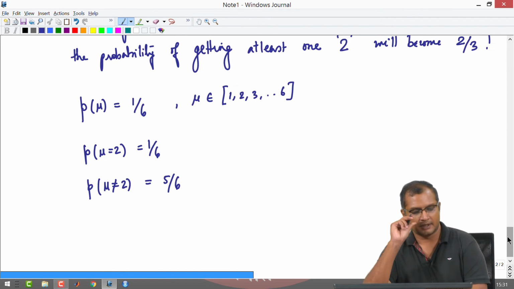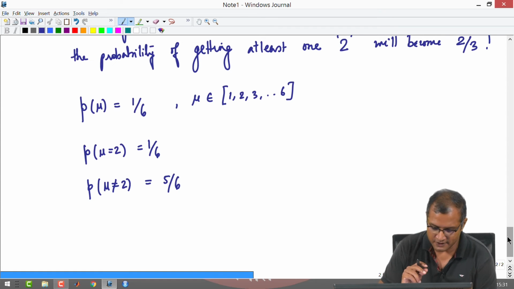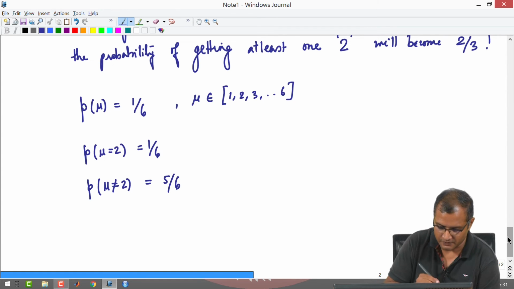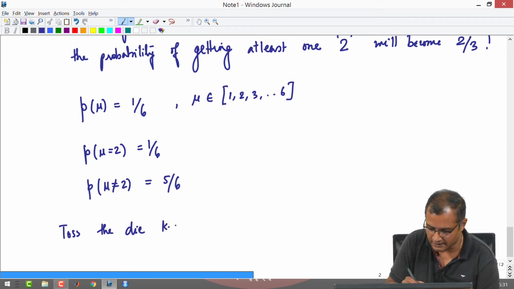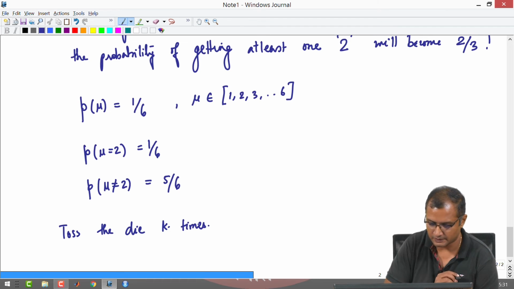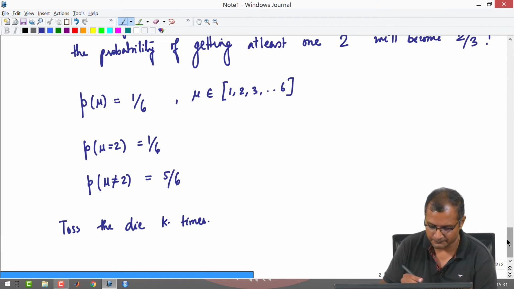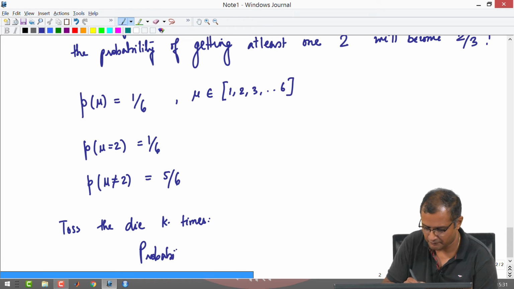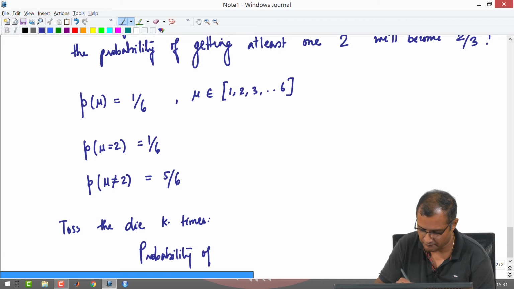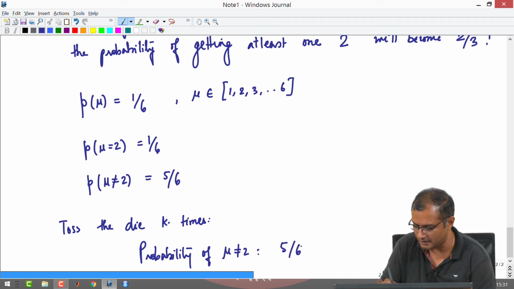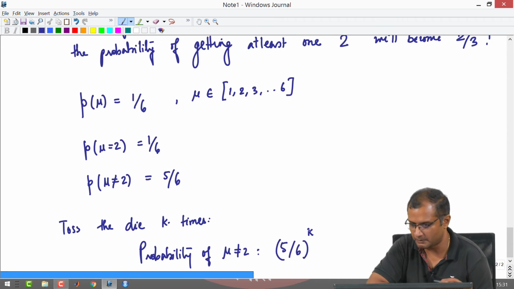Now, this is saying that if I toss the die k times, the probability of not getting a 2 would just be (5/6)^k, because each toss is independent of the previous toss.